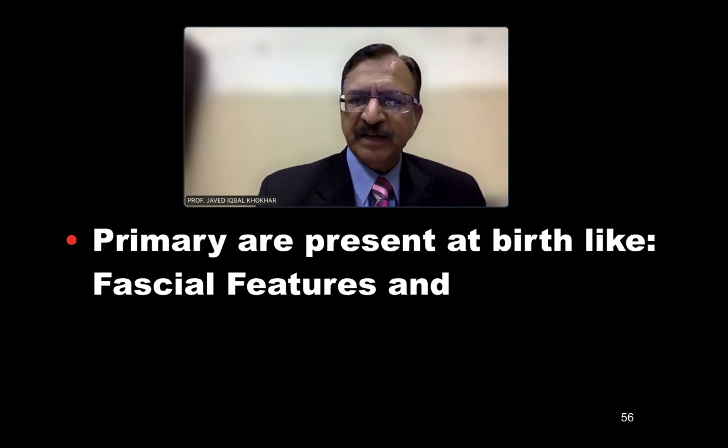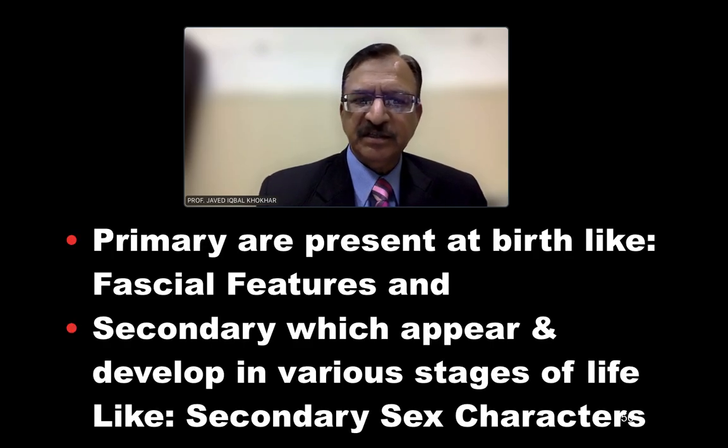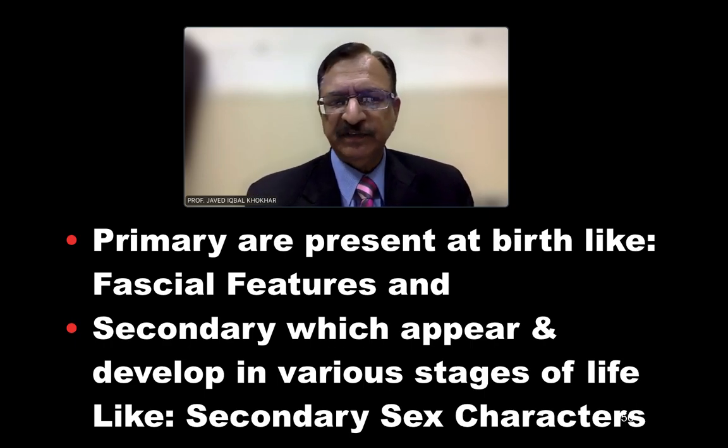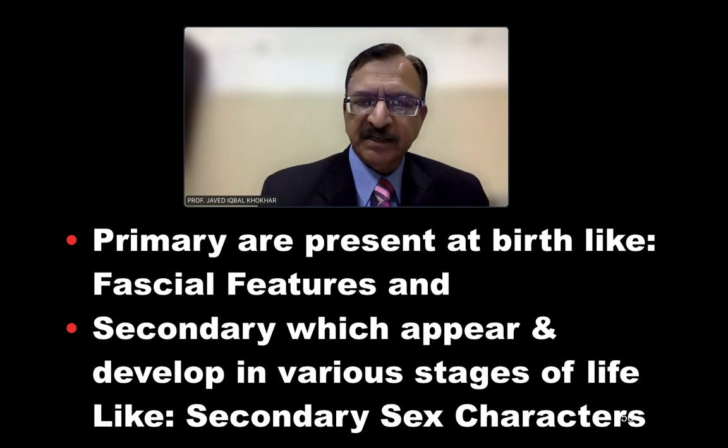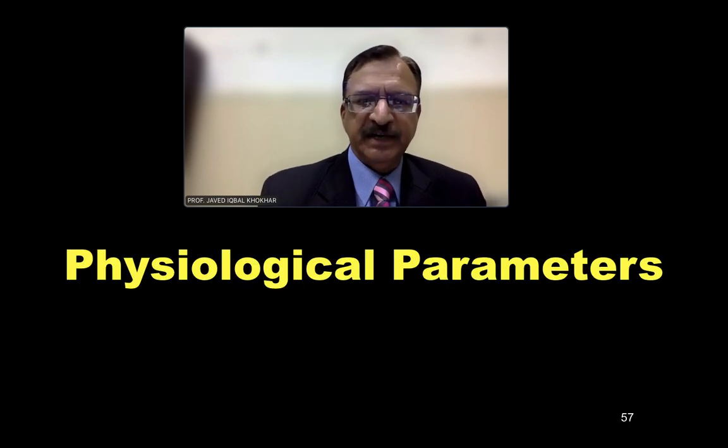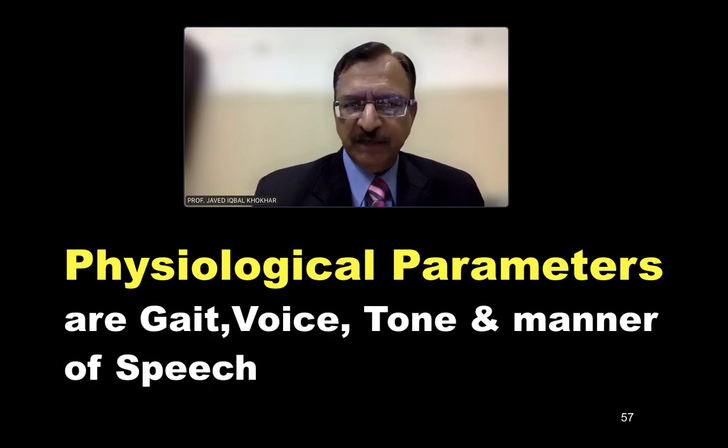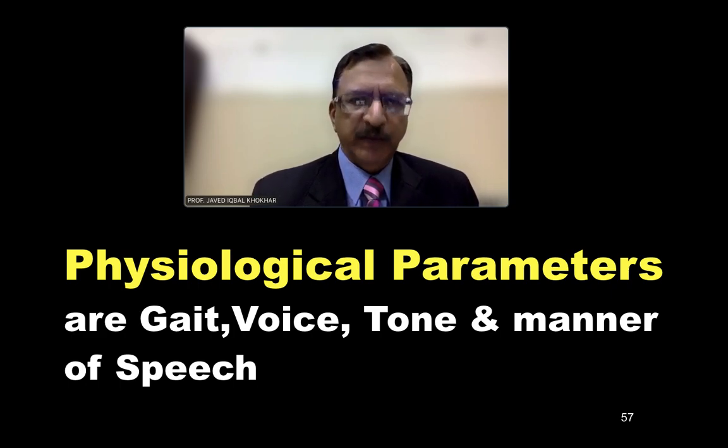So primary are present at birth like facial features, and the secondary appear and develop in various stages of life like the secondary sex characters. Now when we talk about the physiological parameters like gait, voice, tone, manner of speech, they are also very specific and unique for that person.